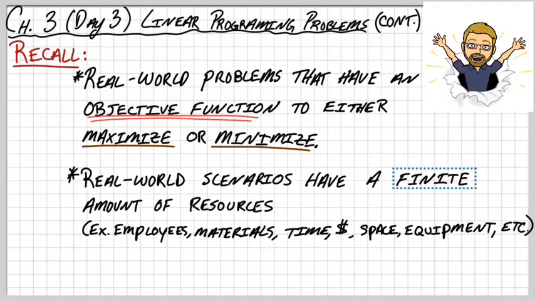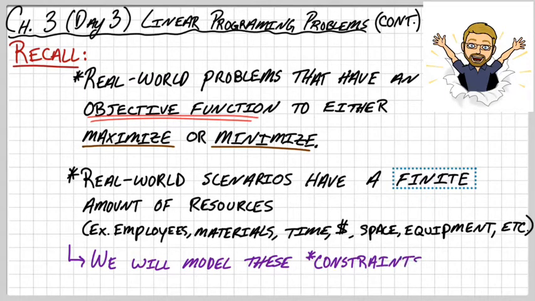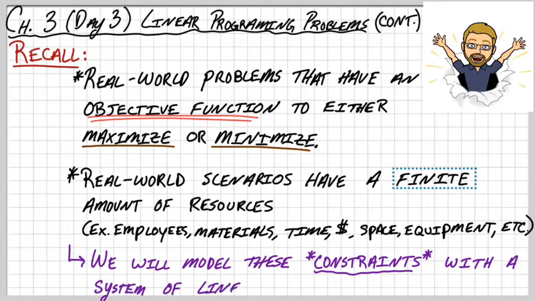And what we're going to do to help that business or that situation optimize their objective, we're going to model these finite resources using linear inequalities. We call these the constraints.